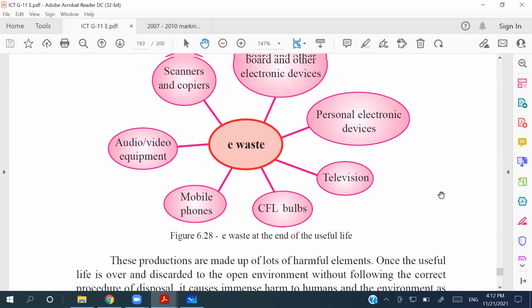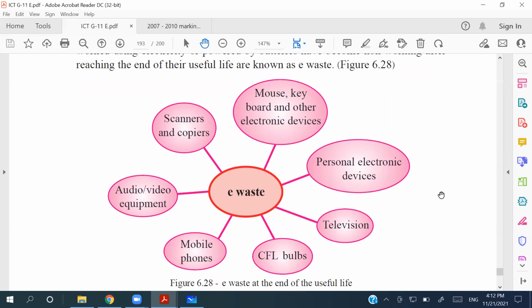Here they have shown how e-waste can be generated, right, using mouse, keyboard, and other personal electronic devices, televisions, CFL bulbs, mobile phones, audio video equipment, starting from your headset and all these things, scanners and copiers, right? Even with myself, I'm having several different e-waste with me.